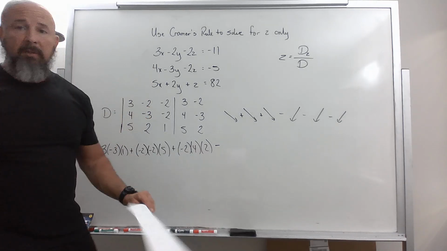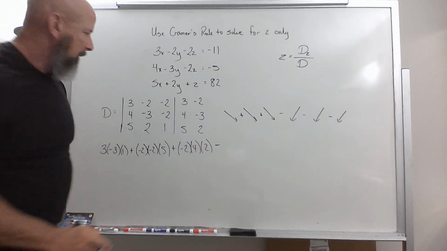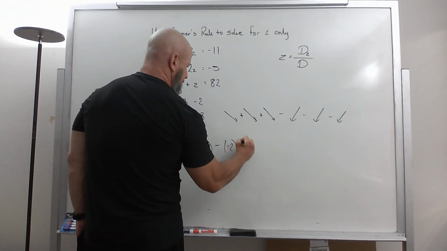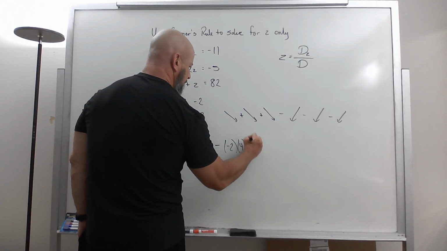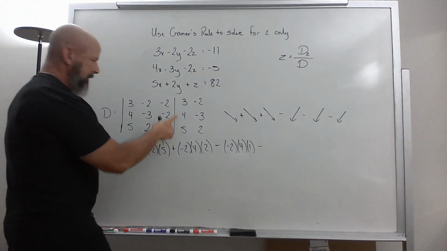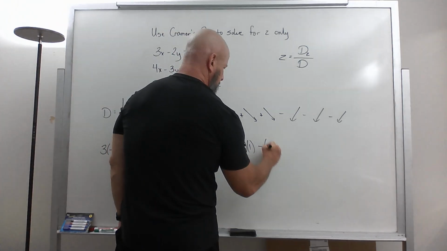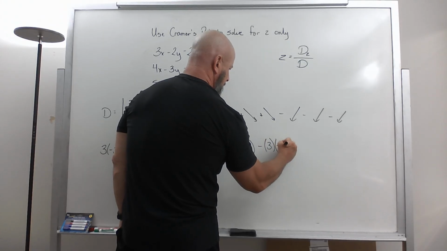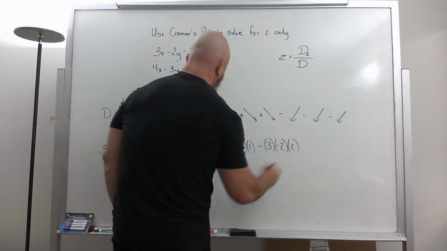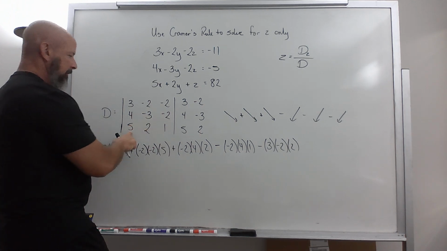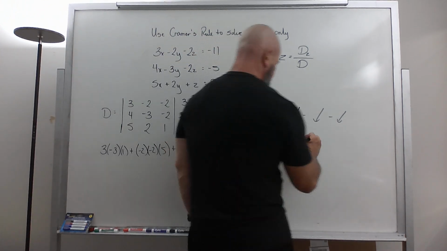And again, each one subtraction. So minus negative 2, 4, 1. Minus 3, negative 2, 2. And then minus negative 2, negative 3, 5.